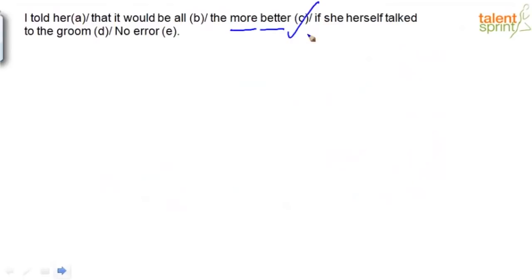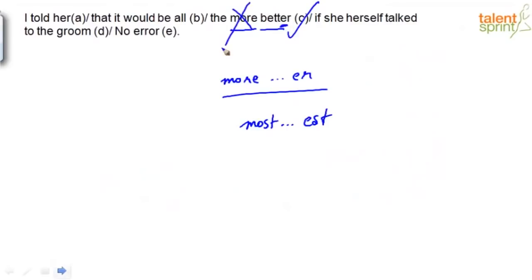The error is in part C. What I need to remember is, when you have ER, right, you can't have "more" followed by words ending in ER. You can't add these two. Likewise, you can't add "most" with adjectives ending in EST. That's the rule, right? Yeah. So you remove, you delete "more." So I told her that it would be all the better.